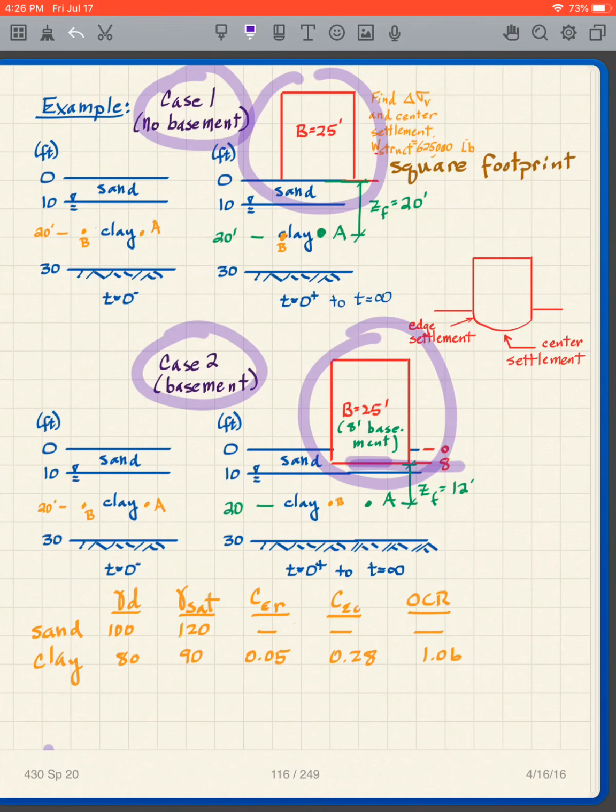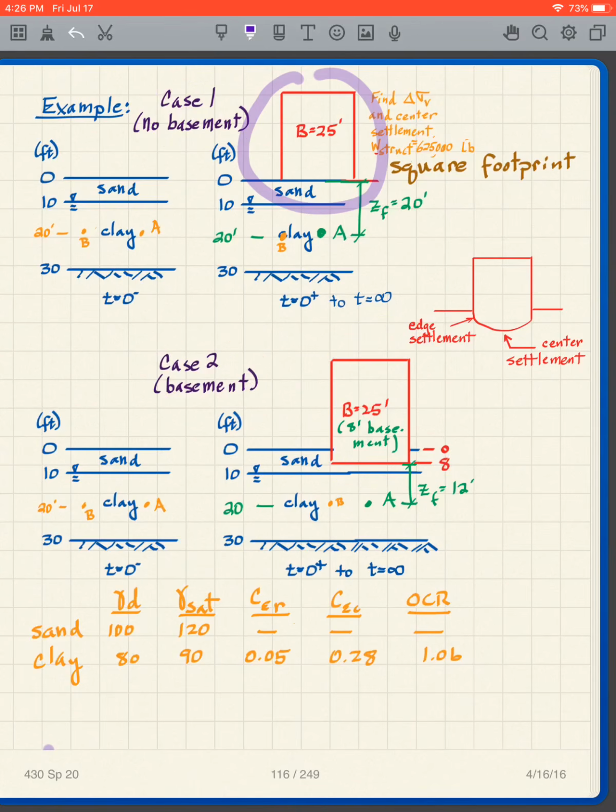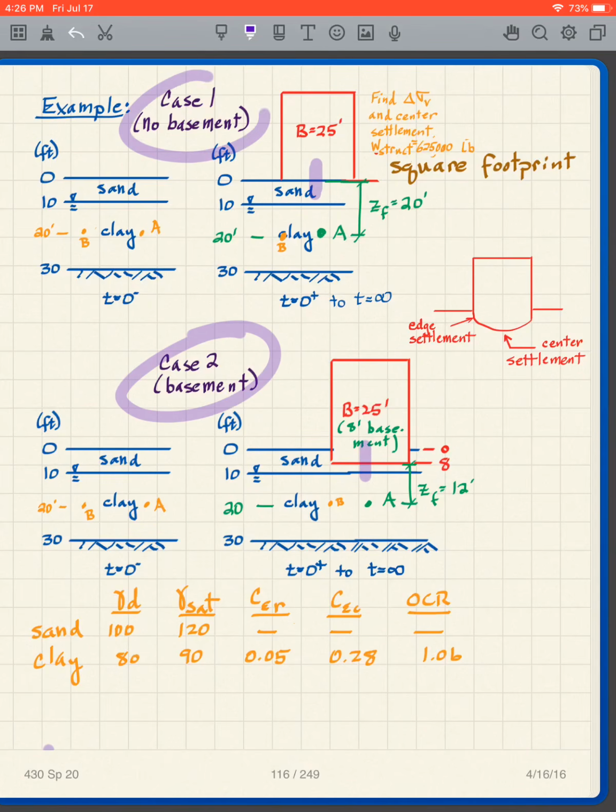And we concluded, after calculating the center settlement, in other words, the settlement beneath the center of the structure, that the settlement beneath the center was much smaller for case 2 with the basement than it was for case 1 with no basement.